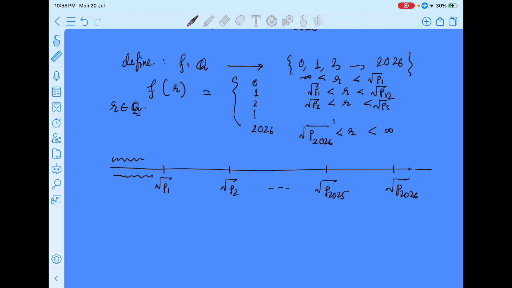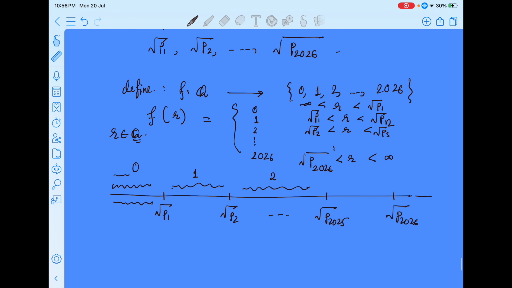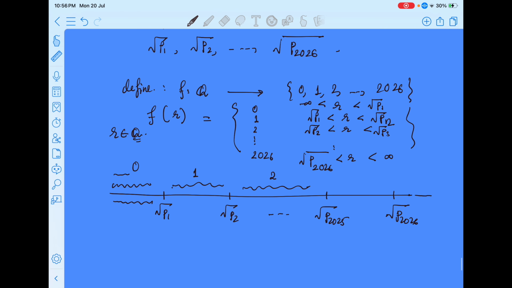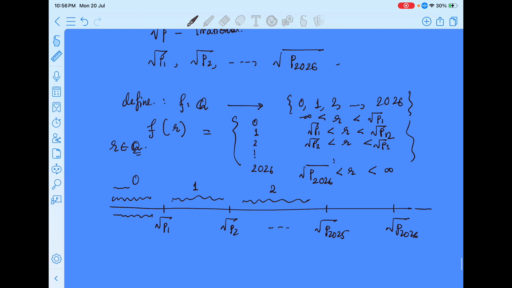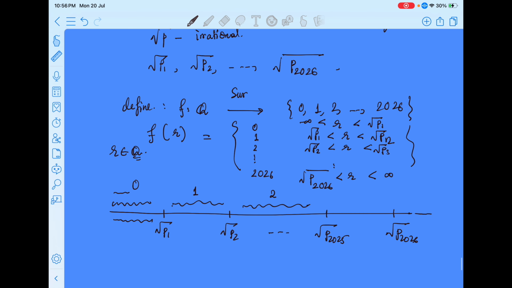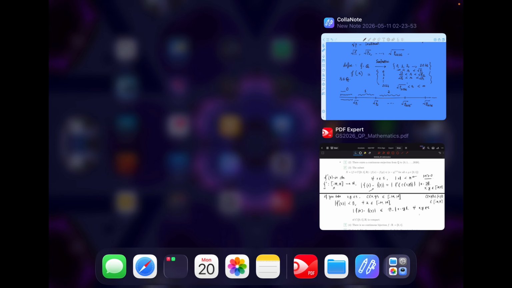Just define the constant 0 on the rational numbers in this region, over the rational numbers in this region define 1, over the rational numbers of this region define 2, and so on, right? In this way you can define a continuous function. This is surjective. So yes, this is true.